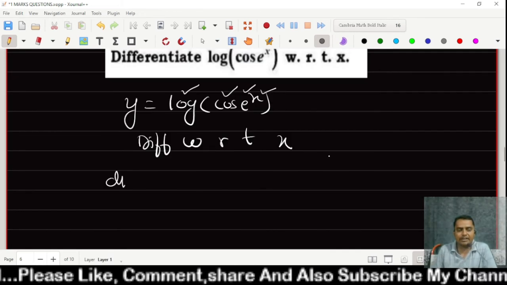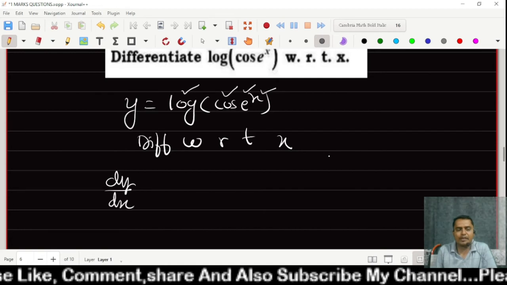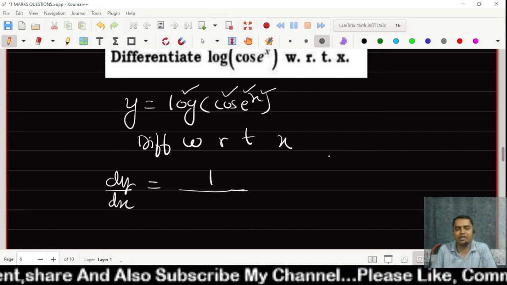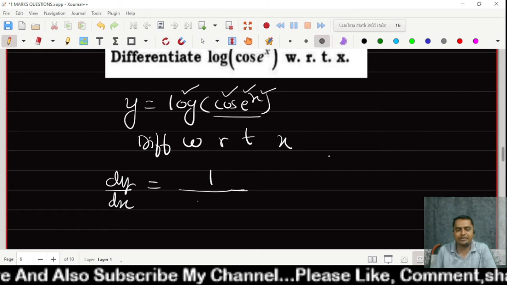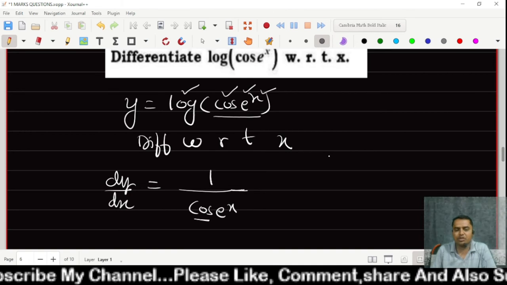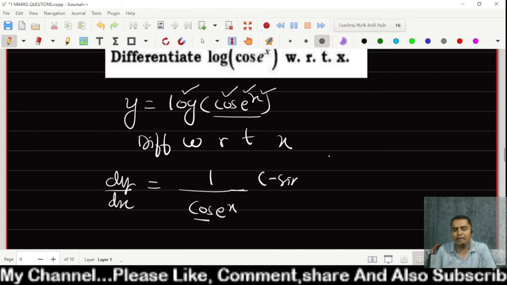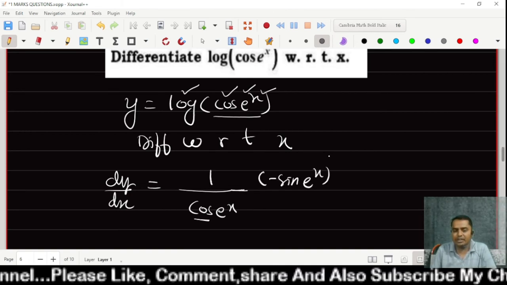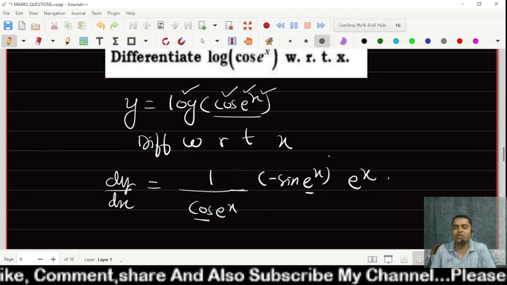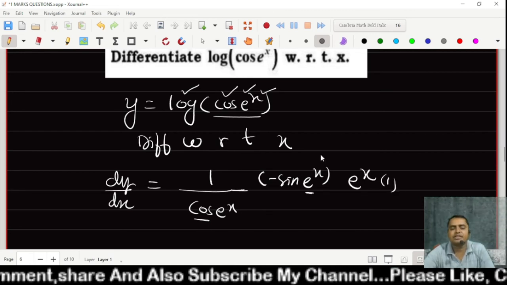dy by dx is equal to derivative of log, which is 1 by x. Instead of x, cos e raised to x is there. The derivative of cos is minus sin e raised to x. Derivative of e raised to x is e raised to x. Derivative of x is 1.